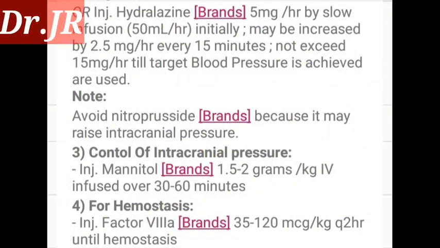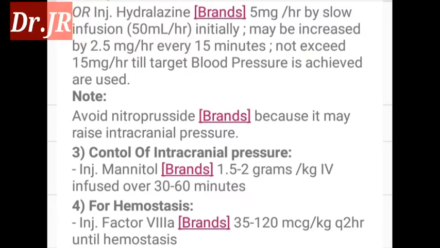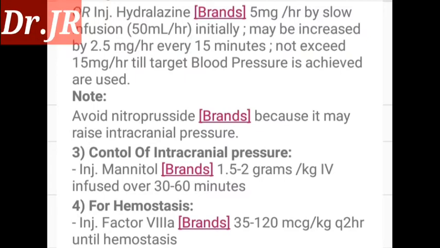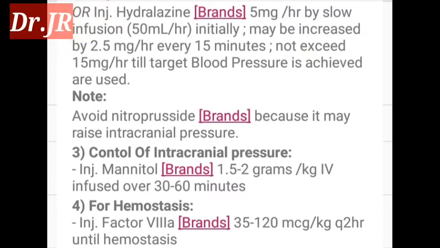Or injection hydralazine 5 mg per hour by slow infusion, 50 ml per hour initially, may be increased by 2.5 mg per hour every 15 minutes, not to exceed 15 mg per hour till target blood pressure is achieved. Avoid nitroprusside because it may raise intracranial pressure.